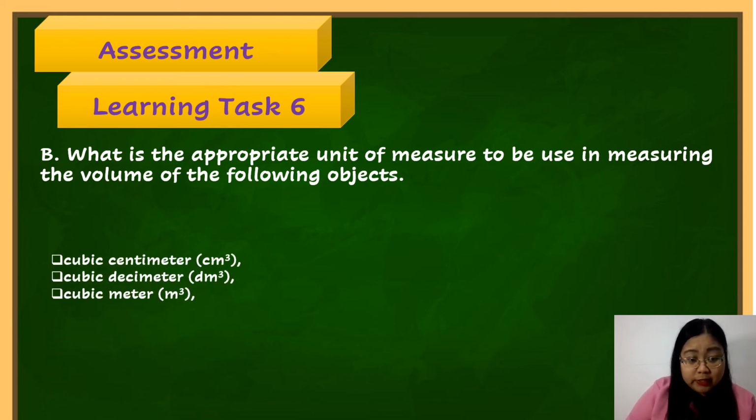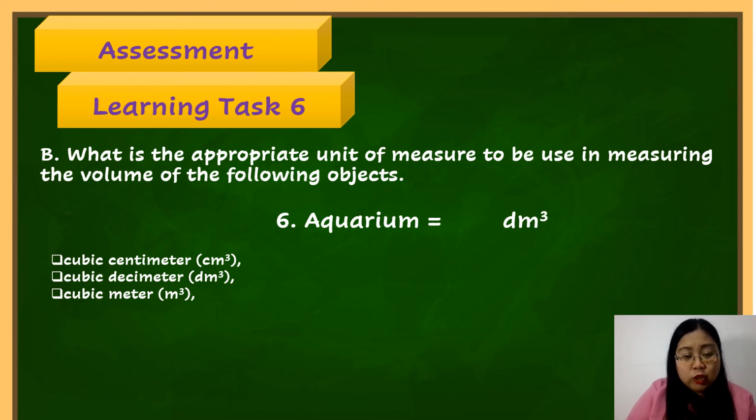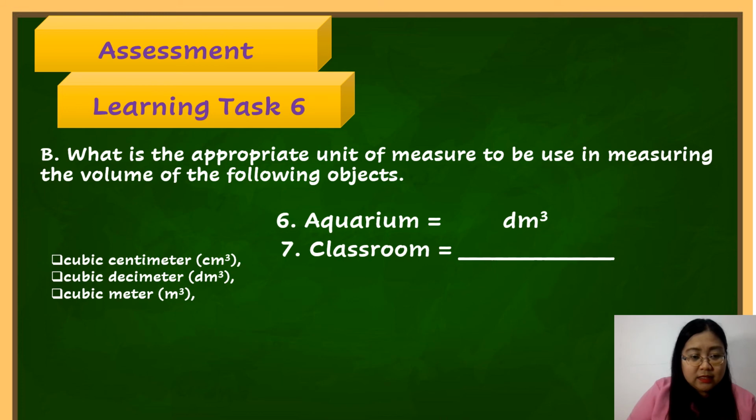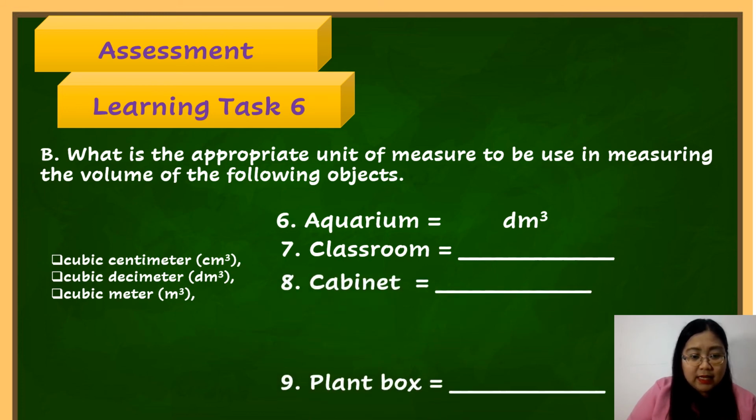Cubic centimeter, cubic decimeter, and cubic meter. Number 6, aquarium. The answer is cubic decimeter. Answer number 7, number 8, number 9, and number 10.